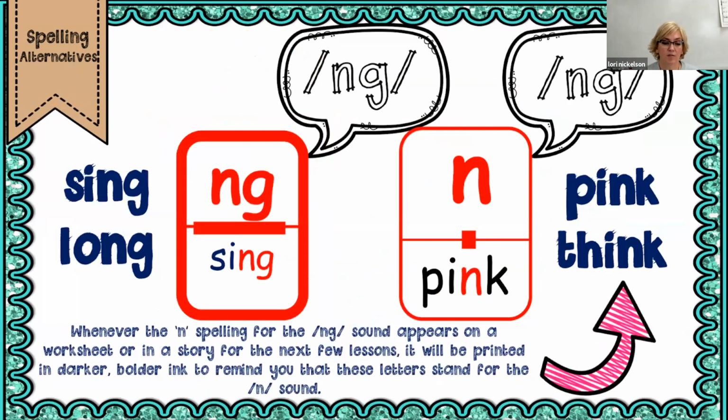Whenever the n spelling for the ng sound appears on a worksheet or in a story for the next few lessons, it will be printed in darker, bolder ink to remind you that these letters stand for the ng sound. Sing and long, spelled with ng. We have pink and think, spelled with an N. So there's our spelling tree.